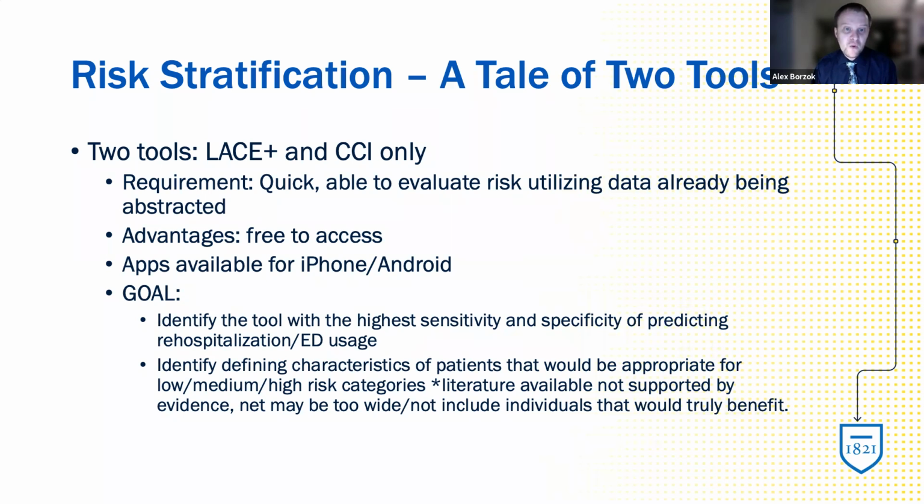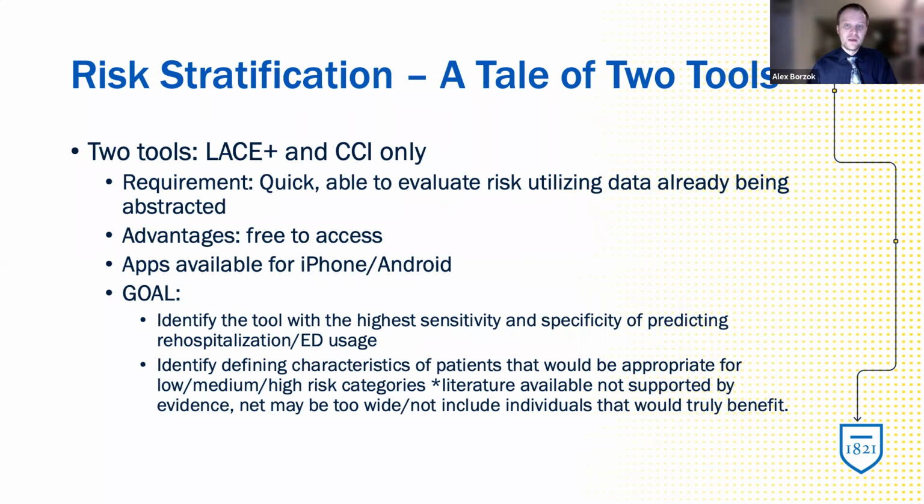So the requirements, again: quick, able to evaluate risk utilizing data already being abstracted, free to use. Both of these have apps that are available for iPhone and Android. So what we did next is, we have these two tools here. We aren't quite sure which one to use because clinically, they're both pretty much equal.